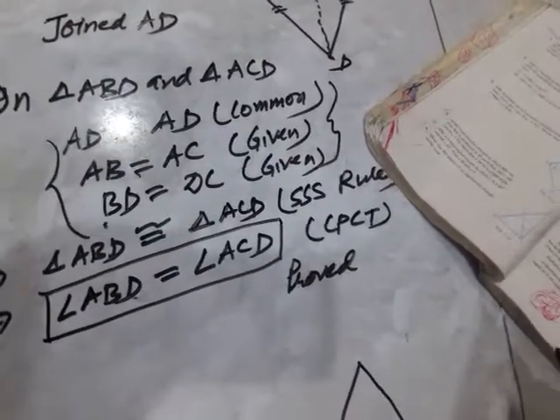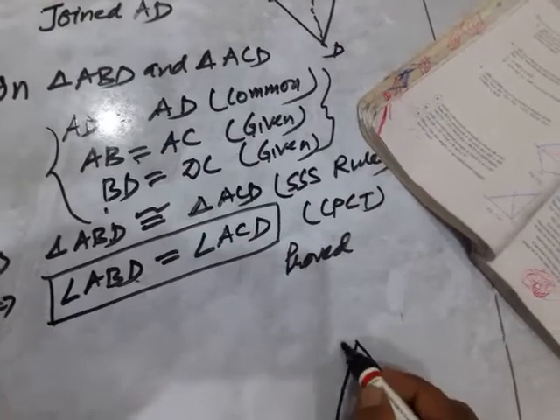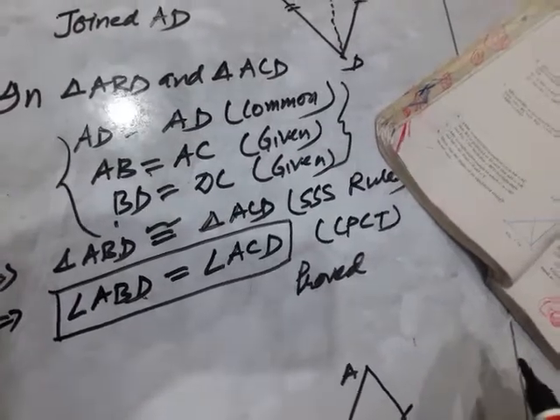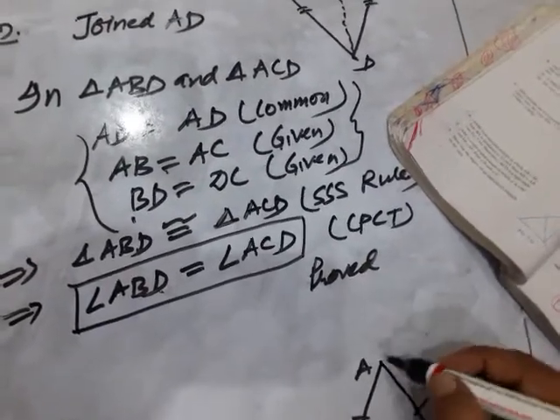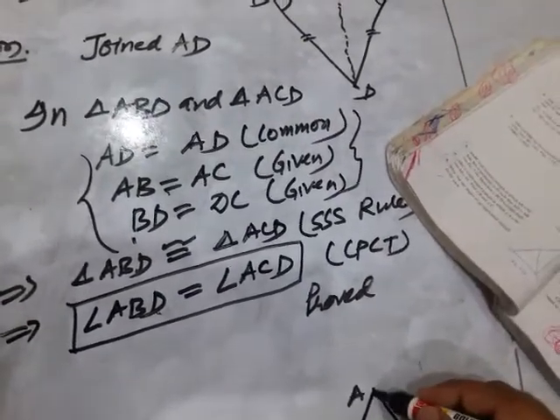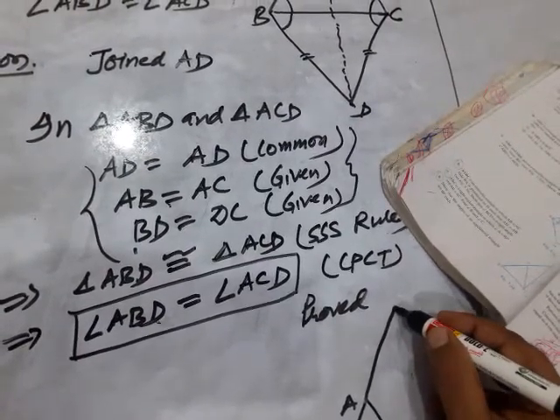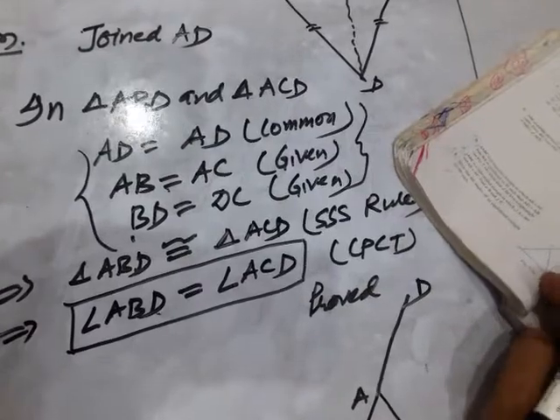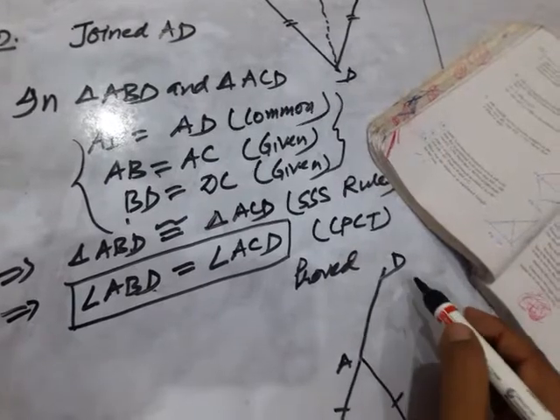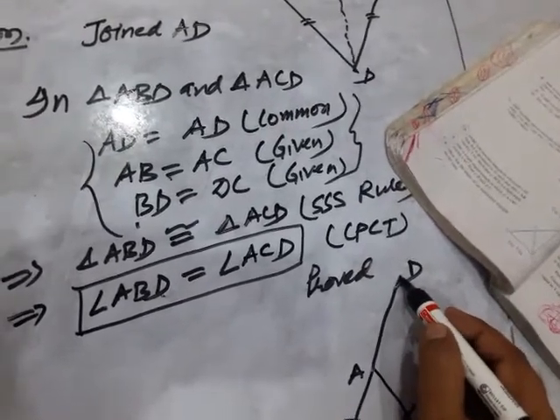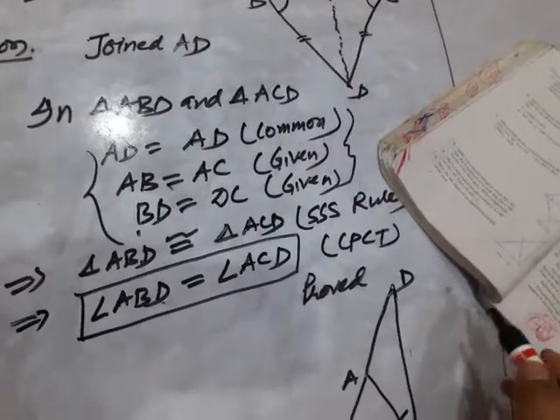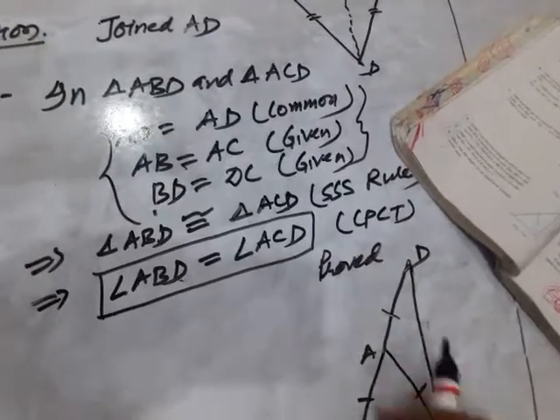In triangle ABC, AB equal to AC. Okay, then side BA is produced to D, such that AD equal to AB.